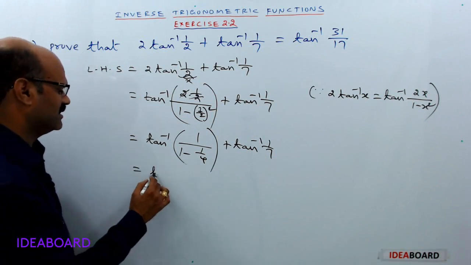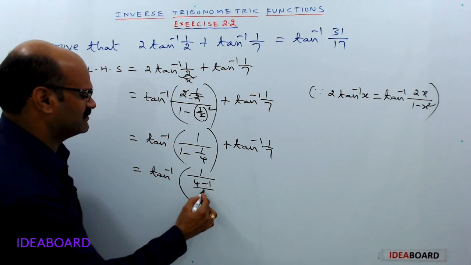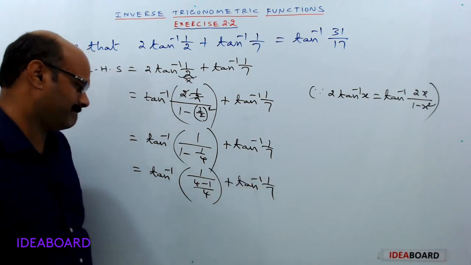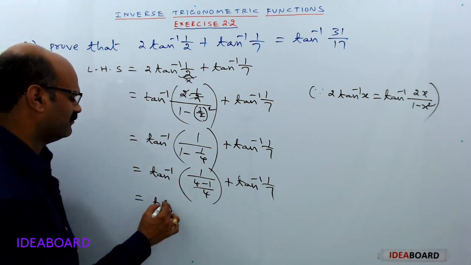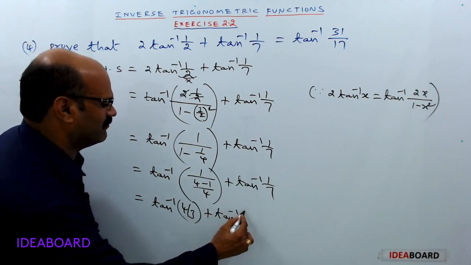Take LCM, tan inverse of 1 by 3 by 4 plus tan inverse of 1 by 7. Then it's equal to tan inverse of 4 by 3 plus tan inverse of 1 by 7.